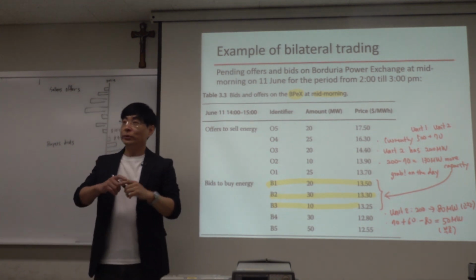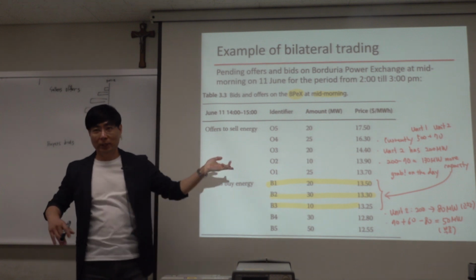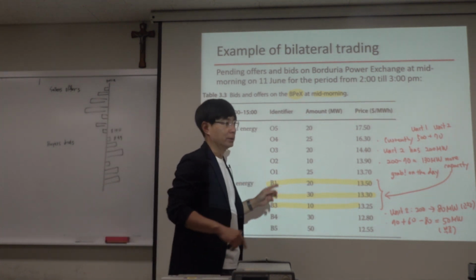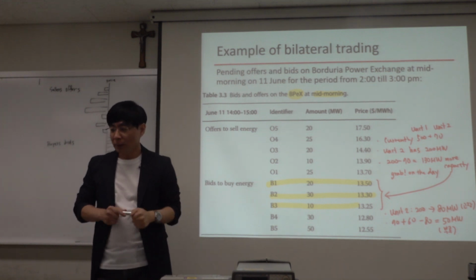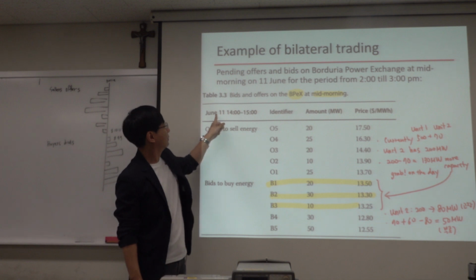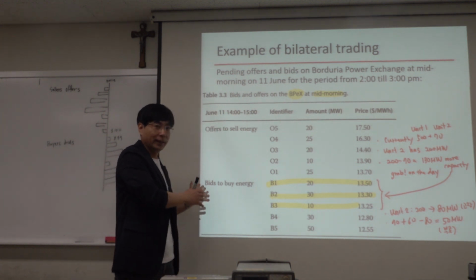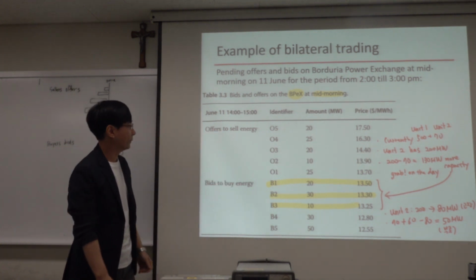By the way, I told you an ISO is responsible for the centralized market, but here this ISO is also responsible for bilateral trading. So you see, this is the day, and this should be based on electronic trading.